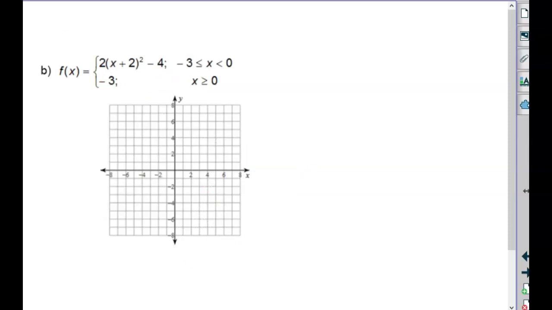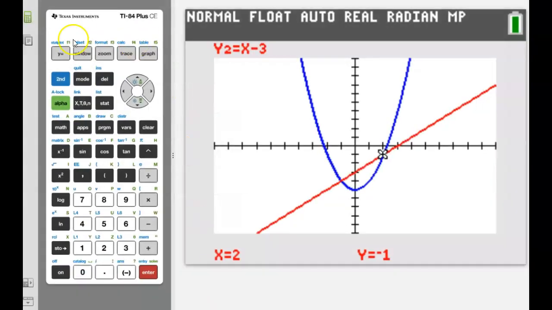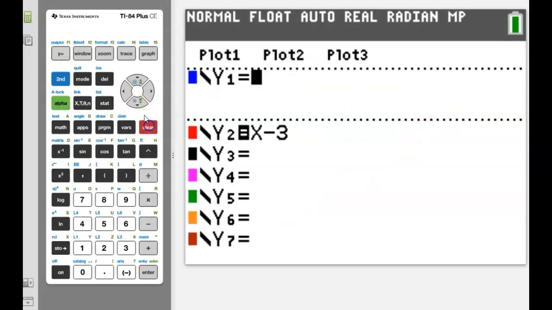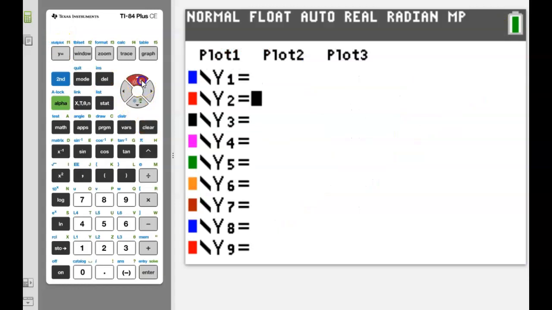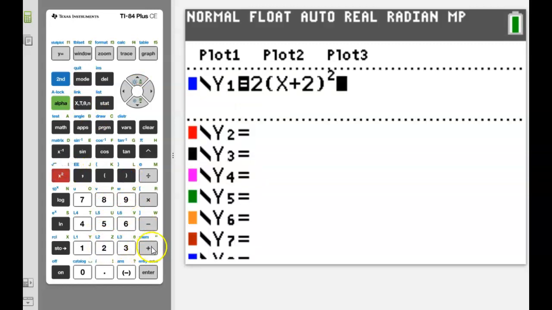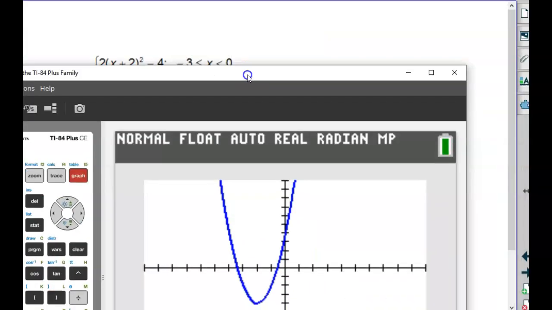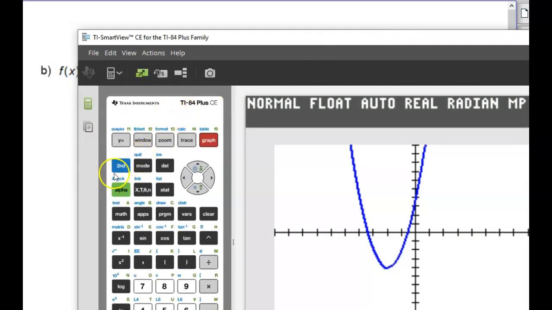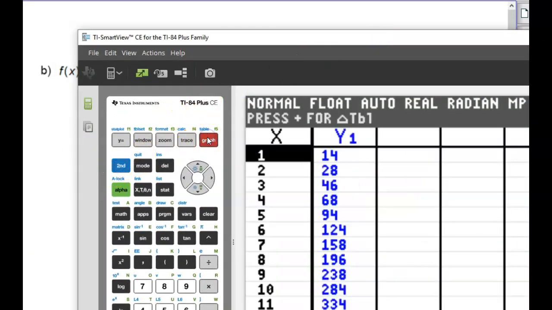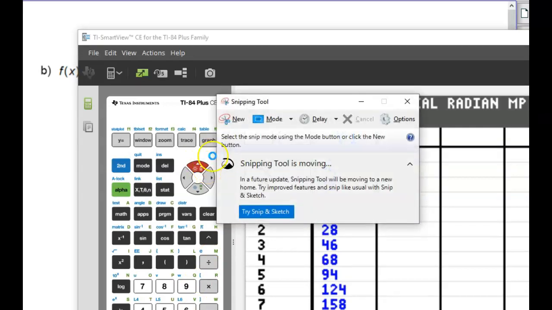Again, if you wanted to use your calculator, you could find some ordered pairs. Somebody read me the equation. 2 parentheses, 4? Okay, so that's what it looks like. I want values between -3 and 0. So if I go to the table, I can just take this little set of values.